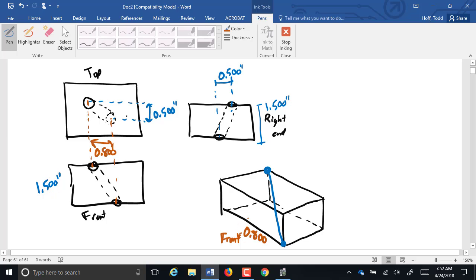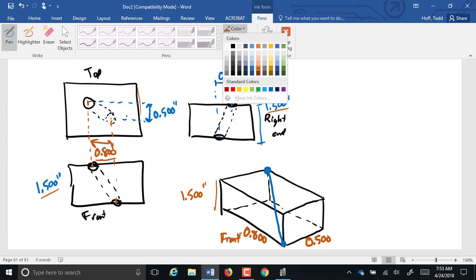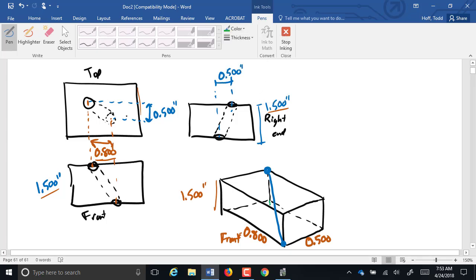That is the front there. So that is the 0.8 right here. This dimension over here would be the 0.5. That would be the right end. This is the thickness, which is the 1.5. So what I want you guys to find, we have to put in that imaginary line across the bottom. I want you to find the angle of rotation there for me quick. I'm going to give you a couple minutes.